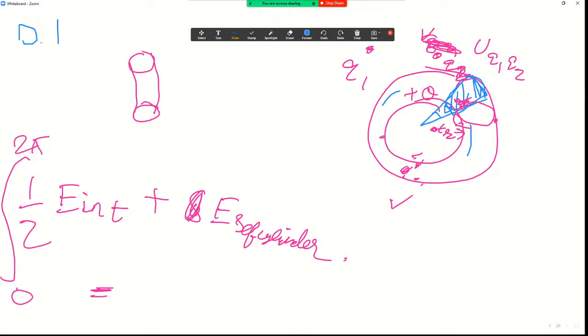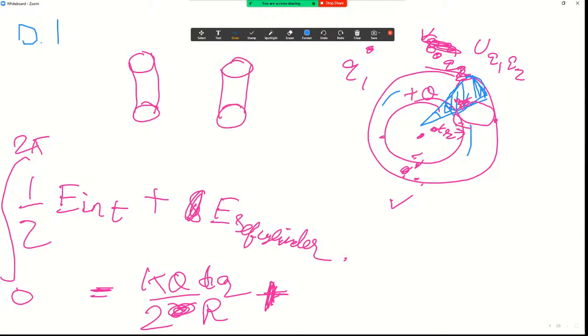So interaction energy would be potential due to Q charge, kQ by R, capital R here, and then dq, plus the self energy of the cylinder.